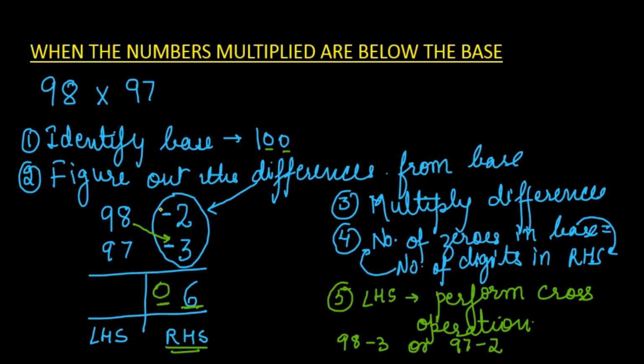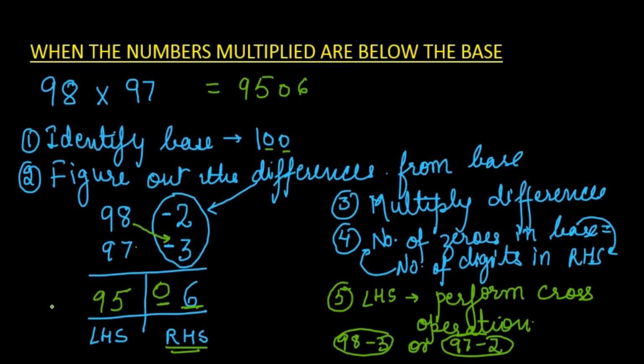You will see that in both the cases you will get the same answer. You have to do any one of it, which gives you a 95. So we see that the product of 98 and 97 is 9506.